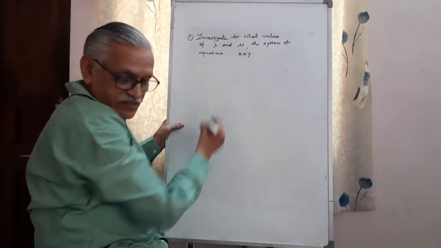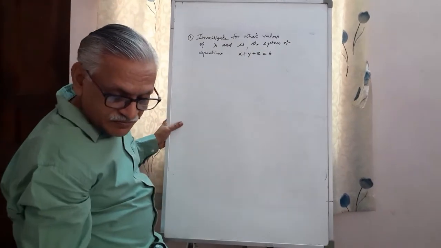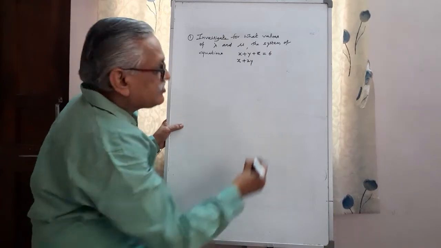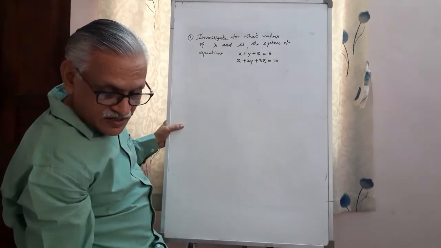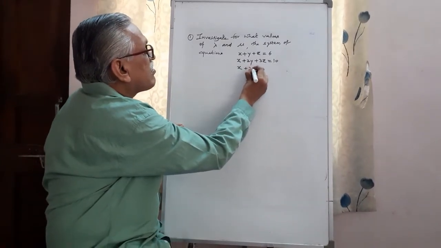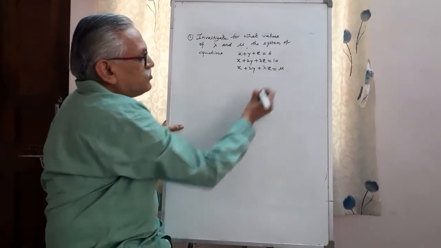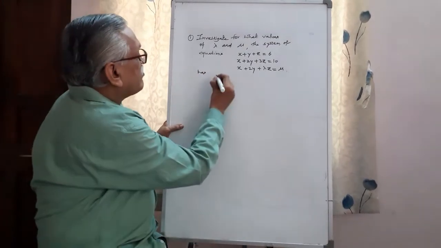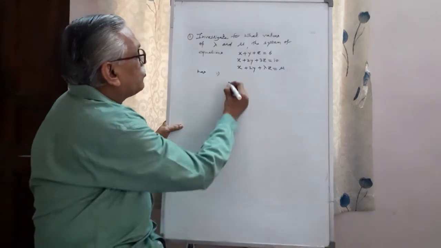x plus y plus z is equal to 6, x plus 2y plus 3z is equal to 10, x plus 2y plus lambda z is equal to mu, has, first, no solution.